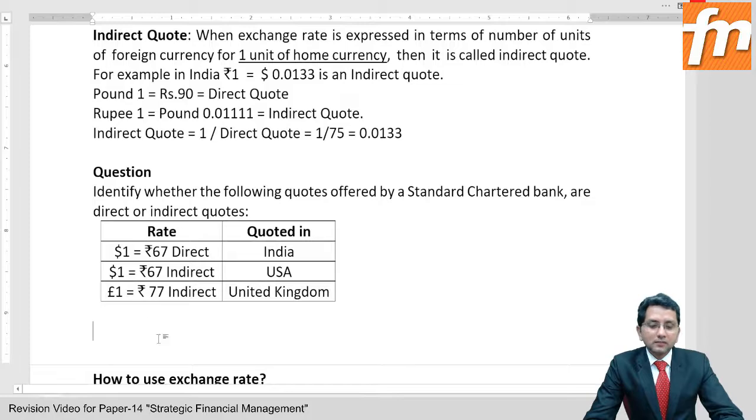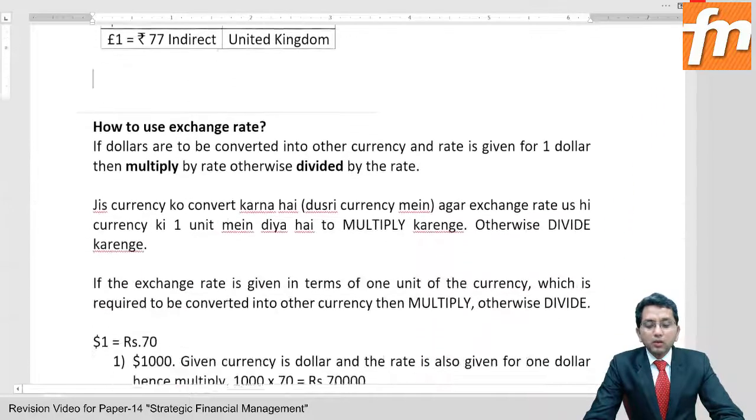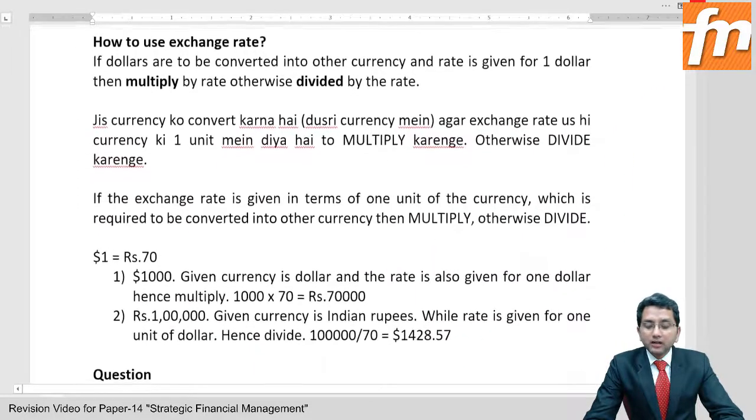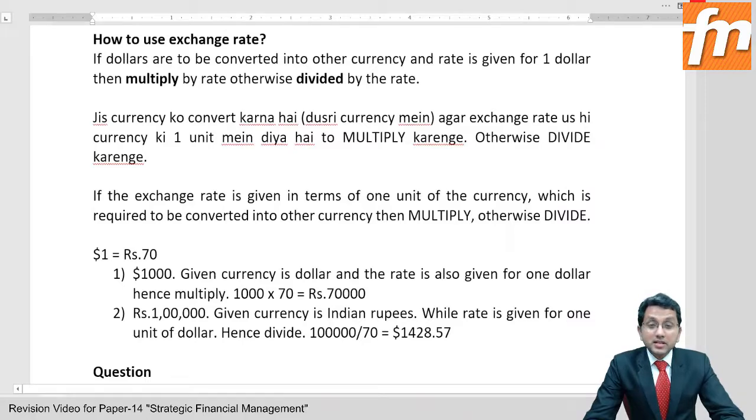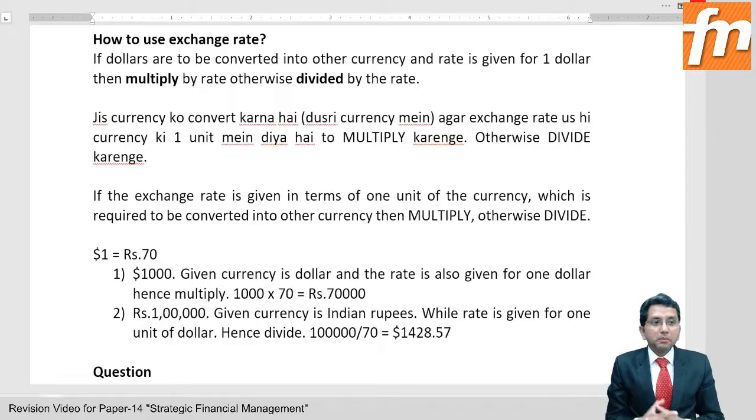Okay. Now, whether a direct code is given or an indirect code is given, the question is, how do I use the exchange rate? Should I multiply by the exchange rate or should I divide by the exchange rate? Suppose you have $1,000 in your hand and you want to convert it into Indian rupees.